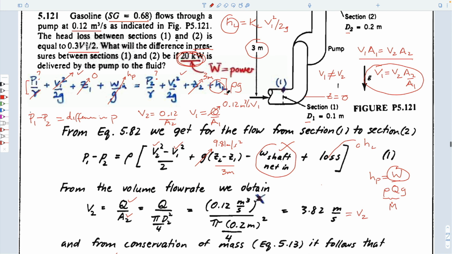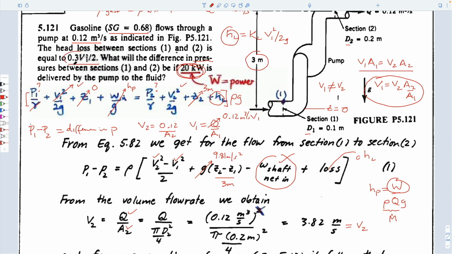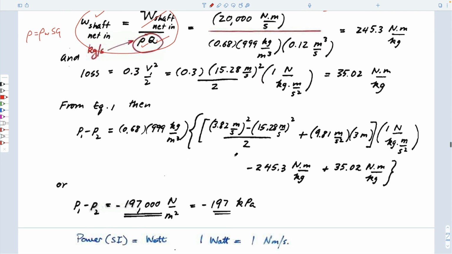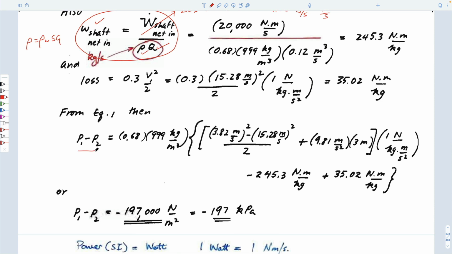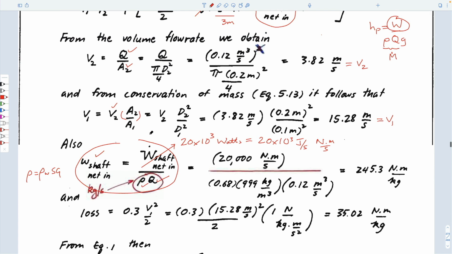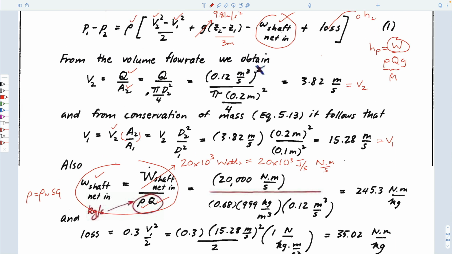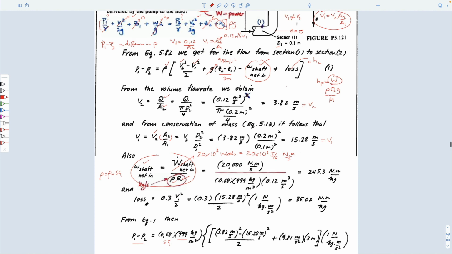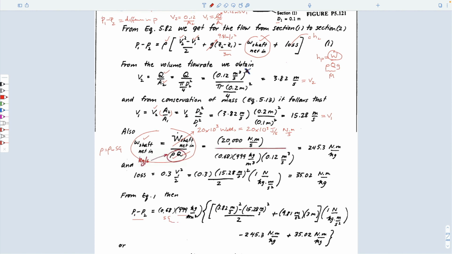And we know that the loss is defined in terms of this term here, which is a velocity that we have multiplied by 0.3. And so I guess this is the final equation. This is what we want. This is the density of water times Sg, which is rho. On this, can I keep both equations on? So this term here is equal to V1 squared minus V2 squared over 2.